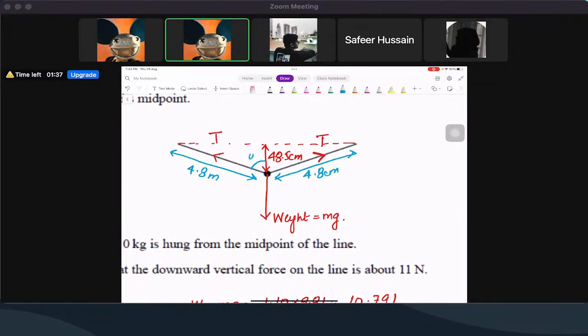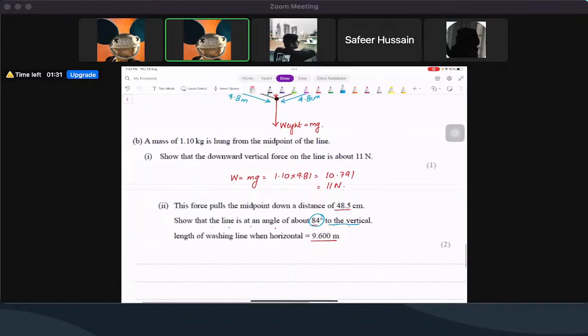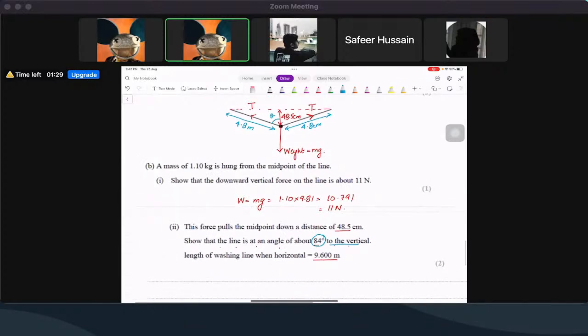Now we can take out the triangle, which looks like this, where this is 48.5 centimeters, this is 4.8 meters, and this is the angle we need. Now we can convert this to meters. So if I convert this to meters, this is going to be 0.485 meters. Agreed?